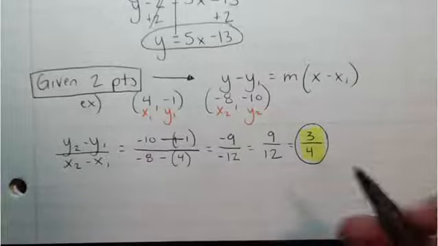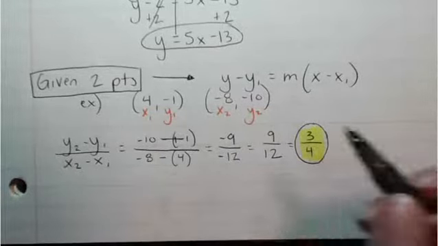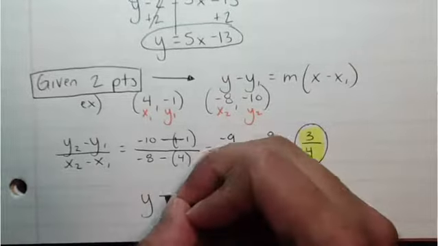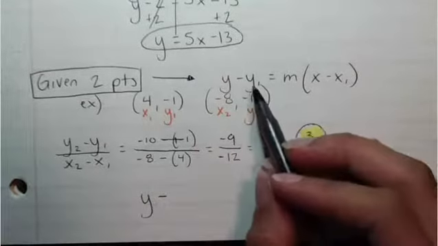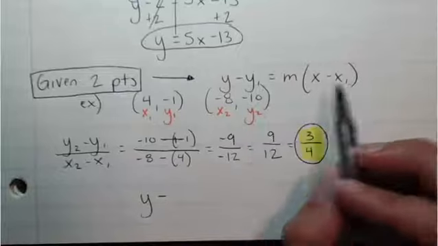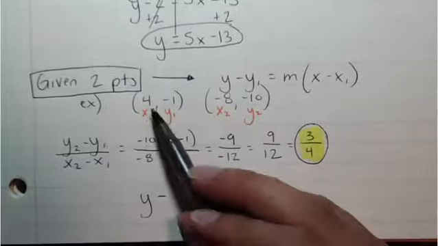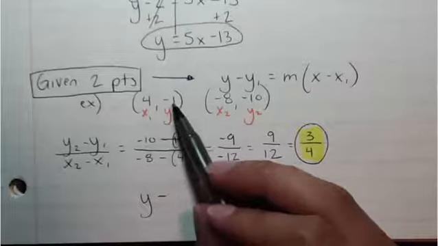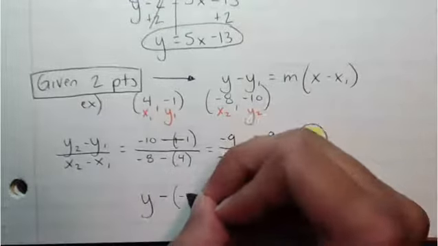Okay, so from here I'm going to plug in what I know for my equation. So I have y minus y1. Do I know a y1 and an x1 here? Yeah, I do. I'm going to use this first one. The y1 is negative 1.